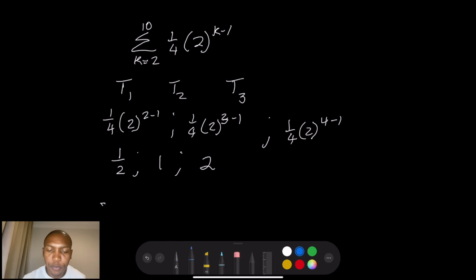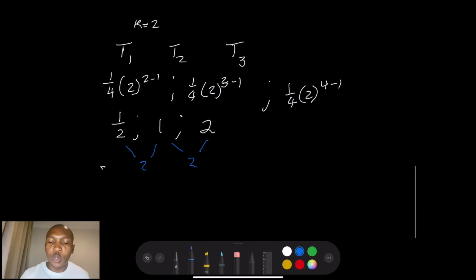Let's do that quickly. So we've got a common ratio there, and our common ratio is 2 in each case. So if you take term 3 divided by term 2, you get 2, and if you take term 2 divided by term 1, that gives you 2 as well.